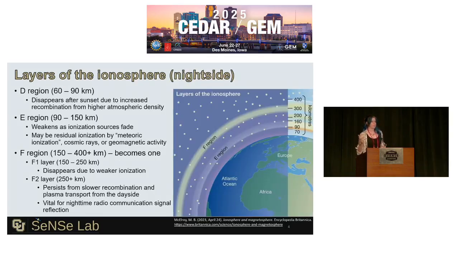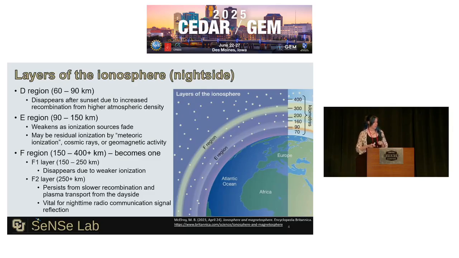On the other side, on the night side, the D region sort of disappears because our main source of ionization there has left, the sun is gone, and it has that increased recombination. The E region does weaken, but somewhat persists depending on your geomagnetic activity, if you've got any cosmic rays, if you've got any meteors ablating, there could be some residual ionization there. The F region, we say, becomes one layer.